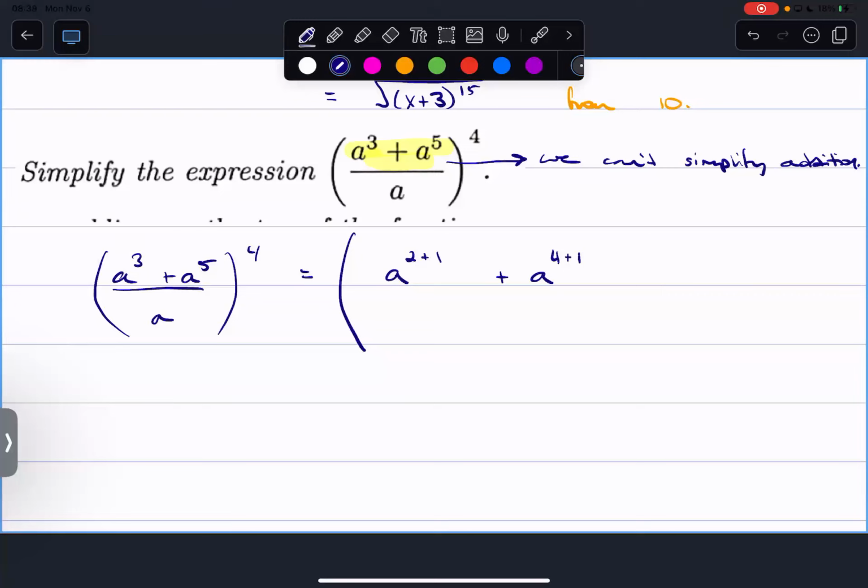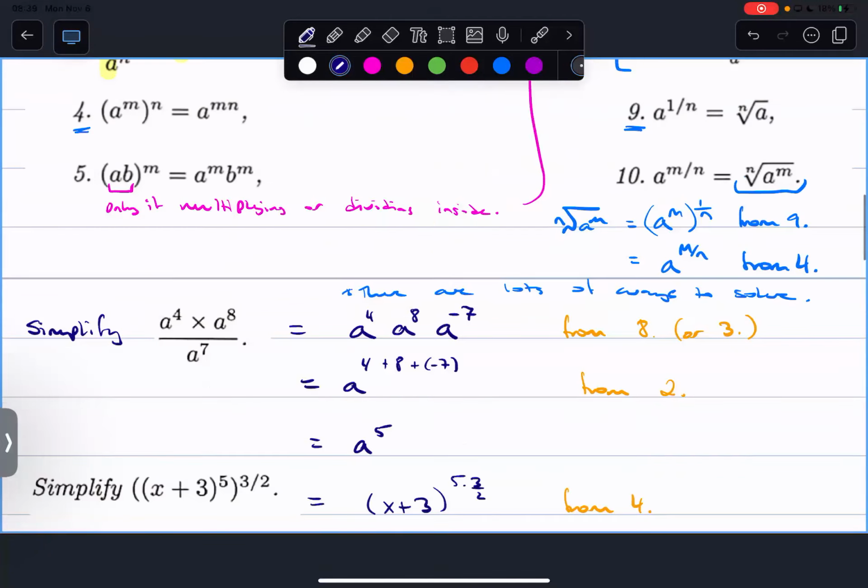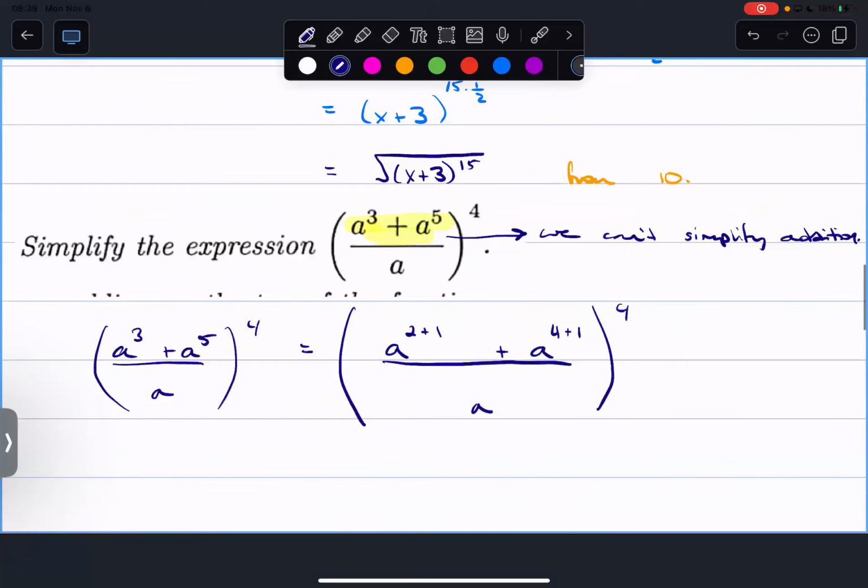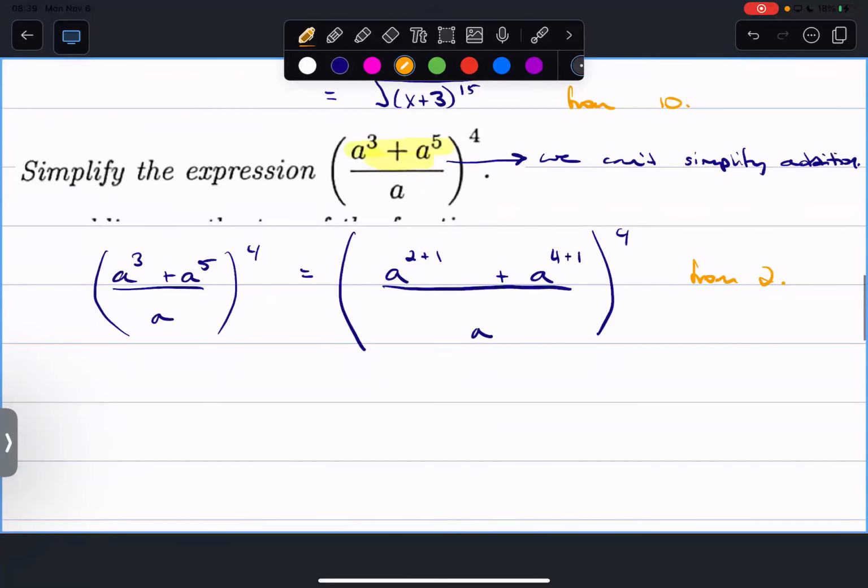Taking it way back, just to show you what you're doing technically. Which means that you can rewrite this as a to the power of 2 times a to the power of 1 plus a to the power of 4 times a to the power of 1.